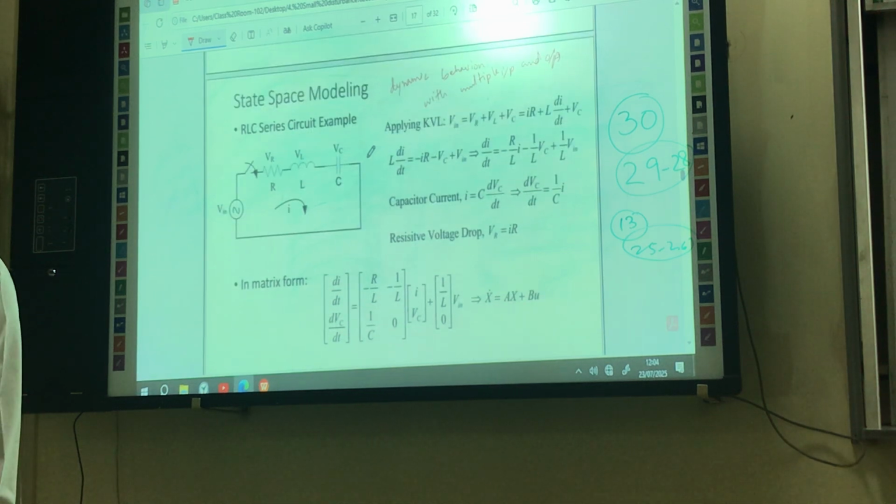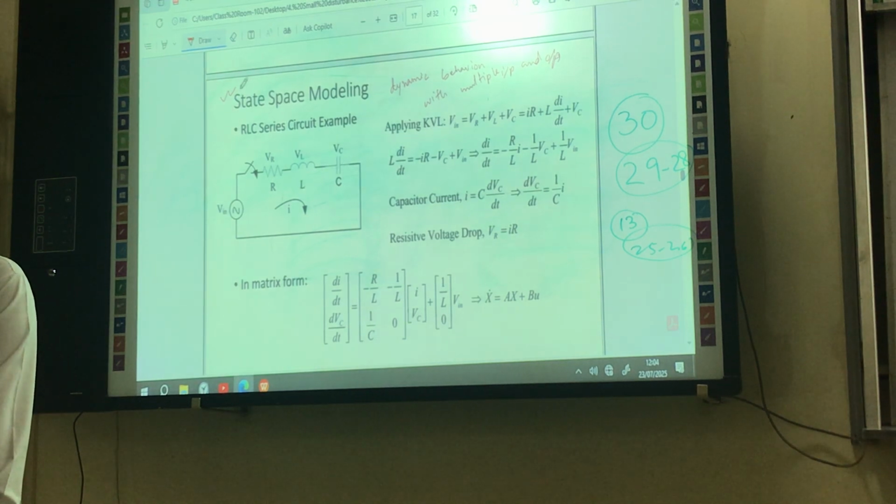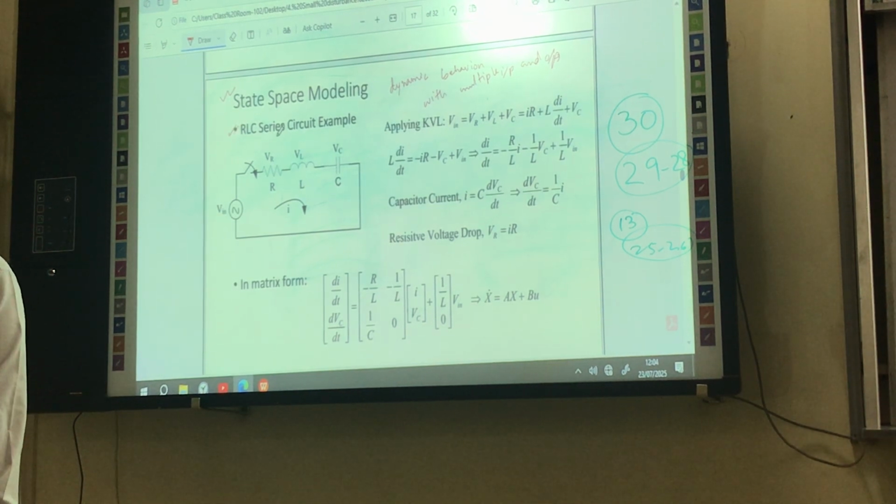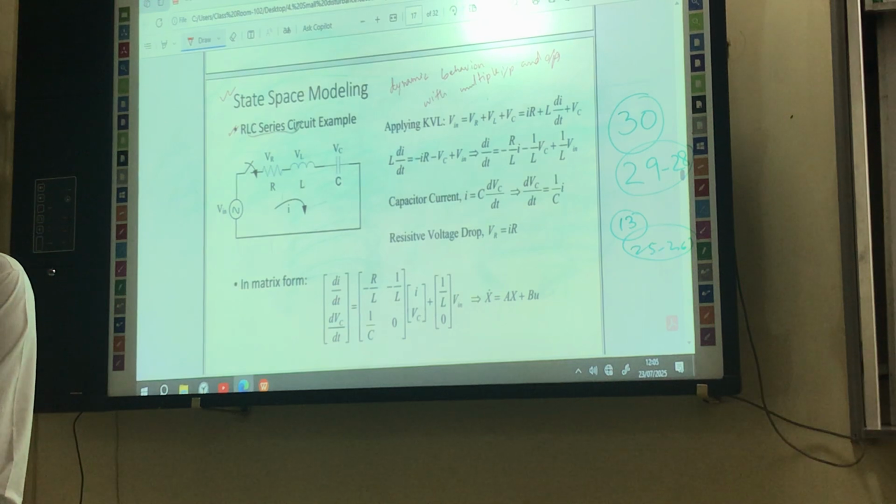In the first case, as we are not familiar with this topic, I have heard that in your control system course, this topic has been skipped, right? You haven't learned it. So in the first case, we will try to understand the concept using a very simple example, that is the RLC series circuit. That is obviously out of our syllabus, right?